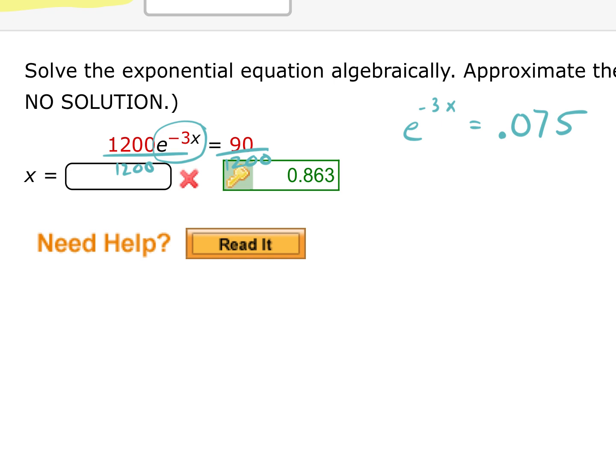Then, what do we do to get the x out of the exponent? Awesome. Since we have an e, we're going to take the ln of both sides to cancel out with that e. So then we're left with negative 3x is equal to the ln of 0.075. So I'm going to take the ln of this.